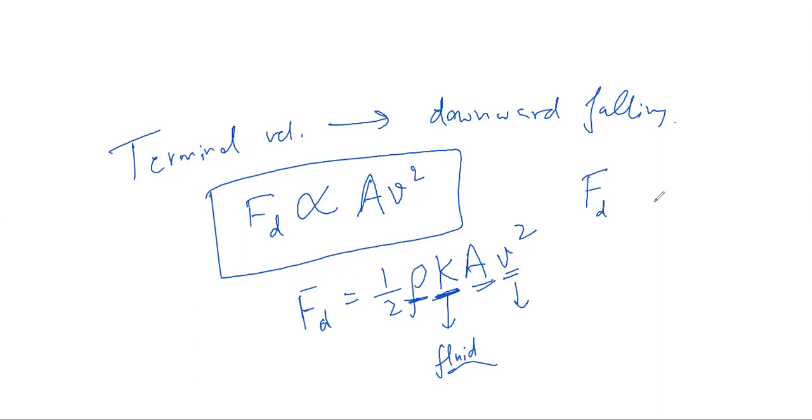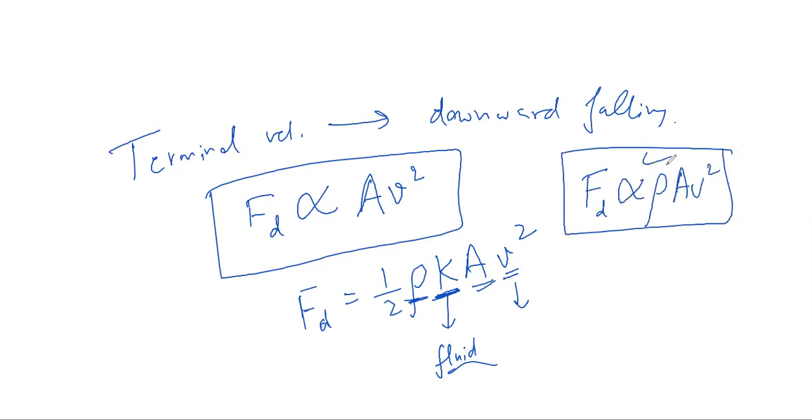You have to remember only this thing: drag force is directly proportional to rho A V squared. Rho is the density of the medium, A is the surface area, the cross-sectional area of the object, and V is the velocity of the object. That's it.